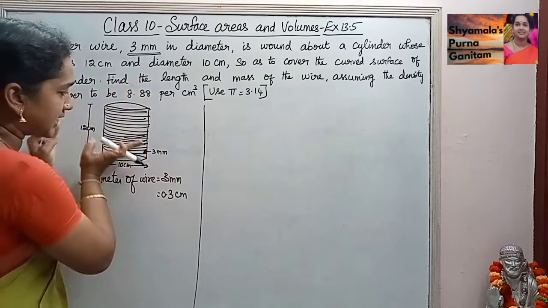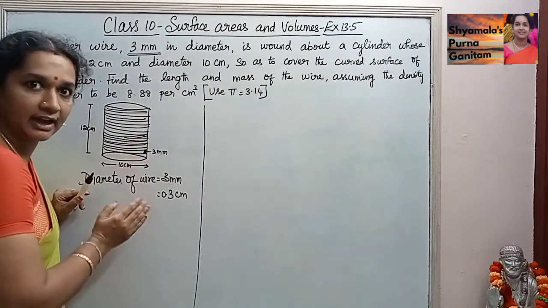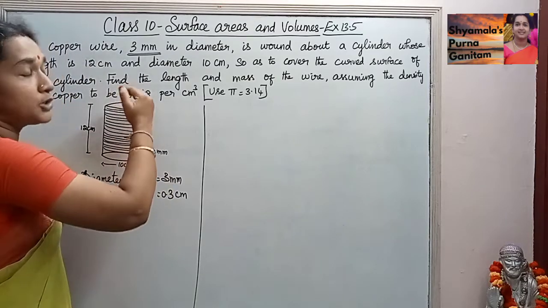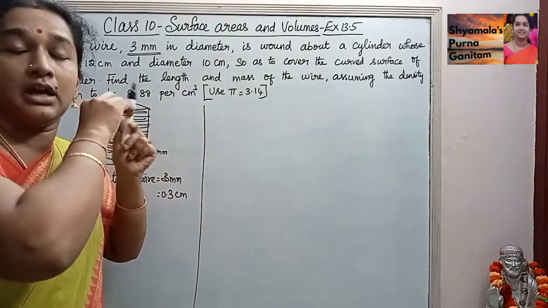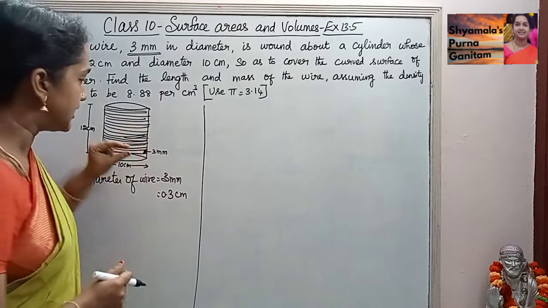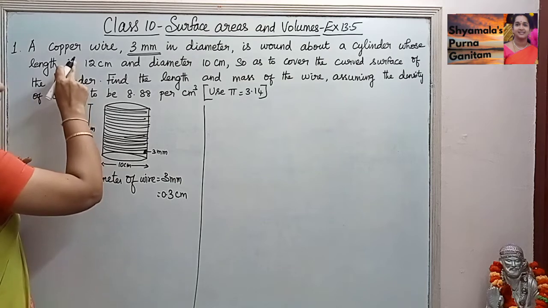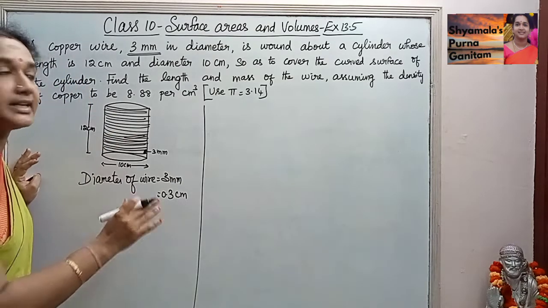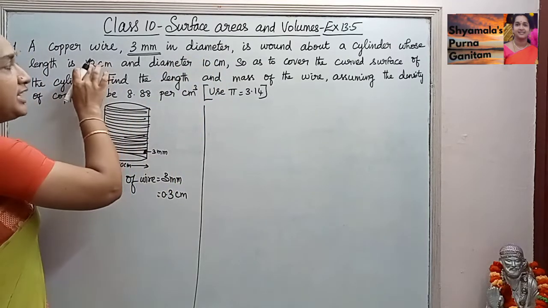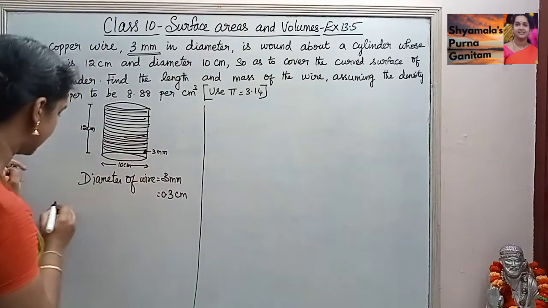So when we divide this 12 by 0.3, we will know how many rounds the wire makes.